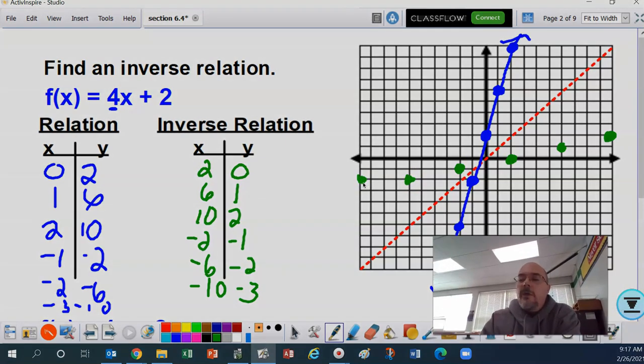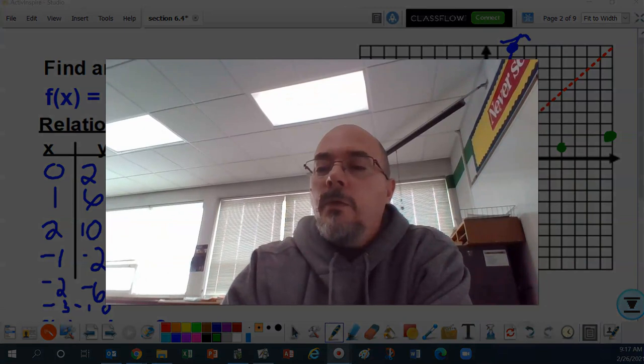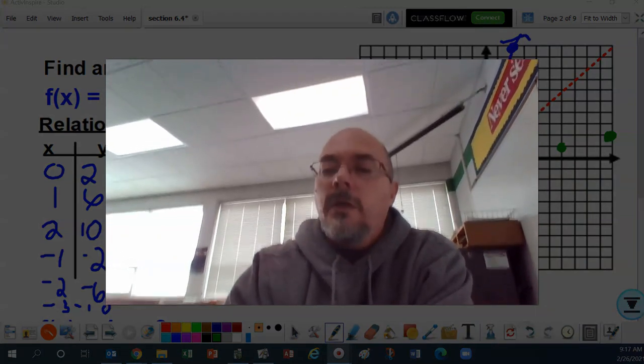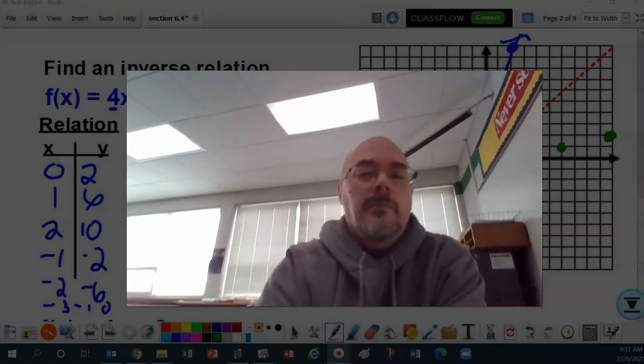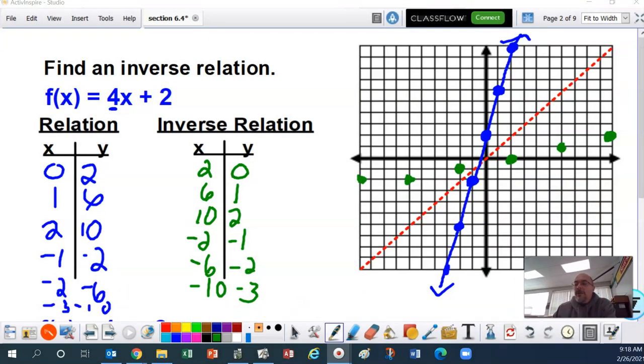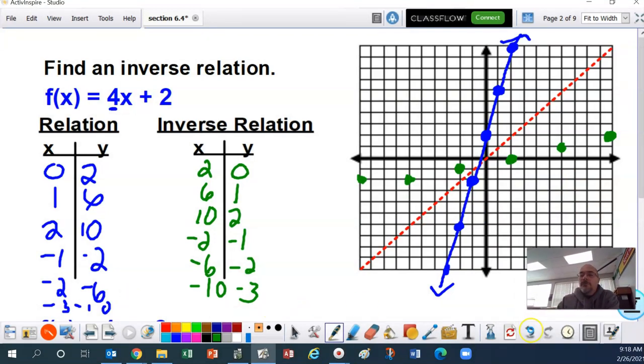Oops, I didn't go down far enough on that one. Hold on here. How do I get rid of that picture? There we go. Sorry about that, folks. My picture's in the way here on my controls. There we go. And there's the linear line for that.